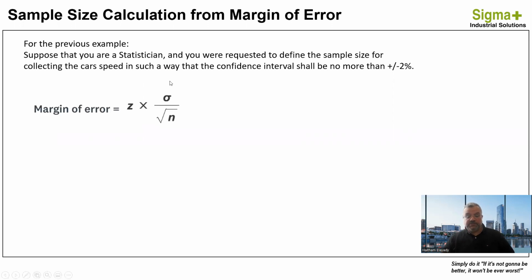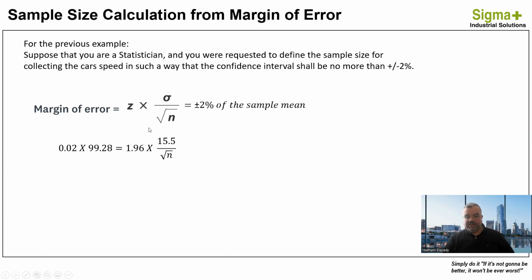Again, this is the formula of the margin of error: the z-score multiplied by the standard deviation of the population divided by the square root of the sample size. The margin of error that I need is plus or minus 2%.